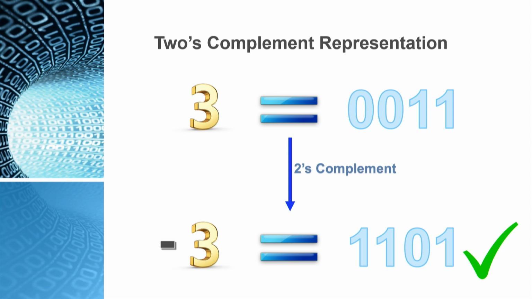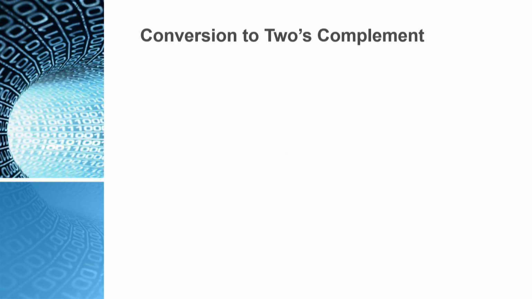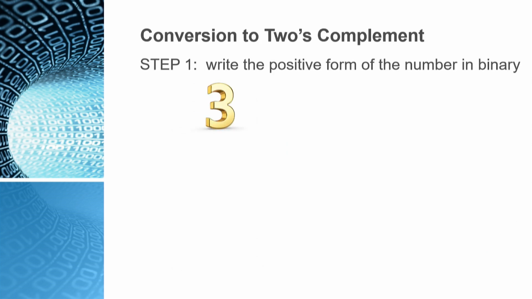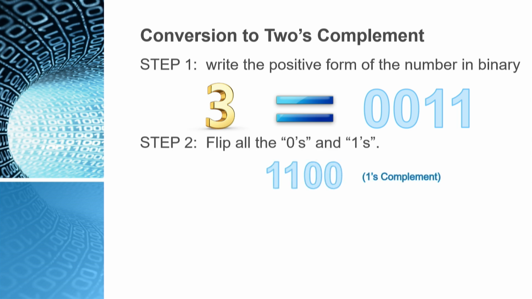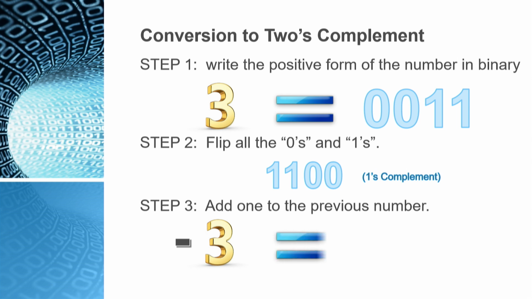So, let's see how it works. The first step is to write the positive form of the number in binary. Secondly, we replace all ones by zeros and all zeros by ones to obtain what we call the ones complement. Finally, we add 1 to the result to get our 2's complement.